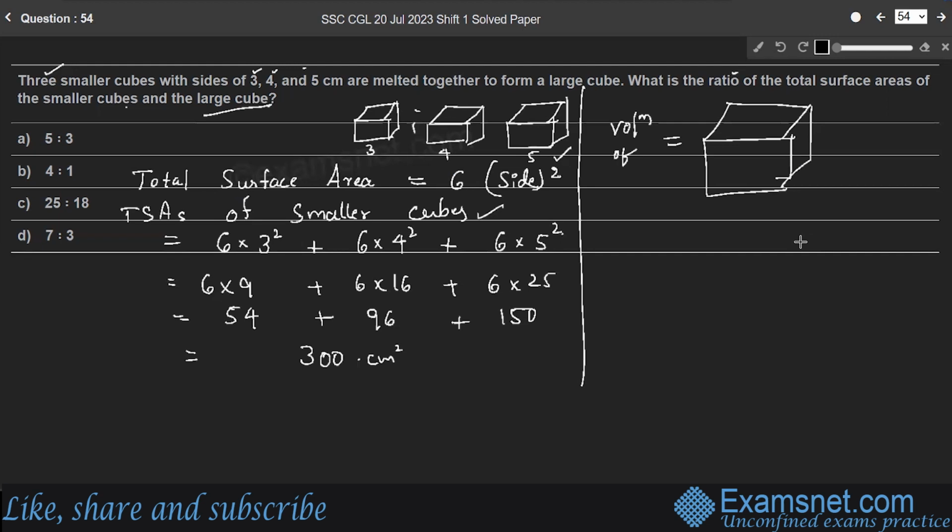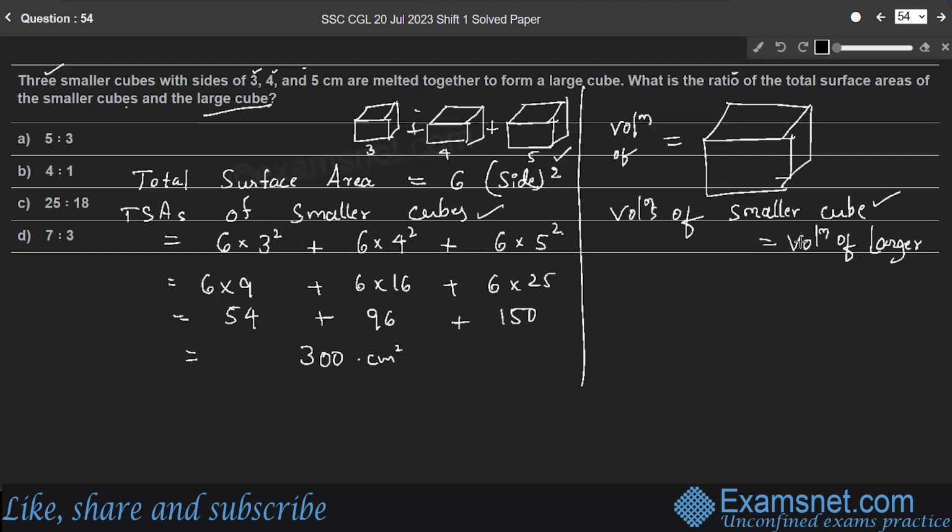The sum of the volumes of the smaller cubes is equal to the total volume of the larger cube. We'll find the volume first, then we'll find the side of the larger cube. Using the side, we can easily find TSA, total surface area.